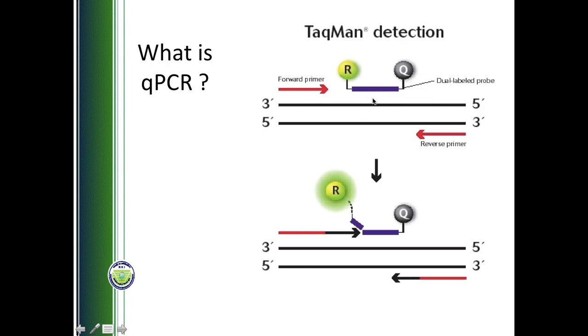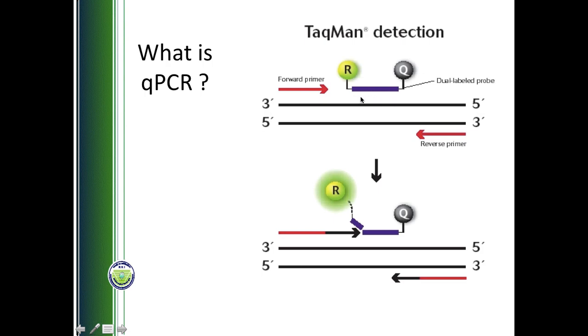So the forward primer will only bind to one strand of DNA if the particular coronavirus sequence is there. The reverse primer will bind to the other strand of DNA only if a certain SARS coronavirus 2 sequence is there. And again, the purple color probe will bind to the DNA if there is a matching sequence.